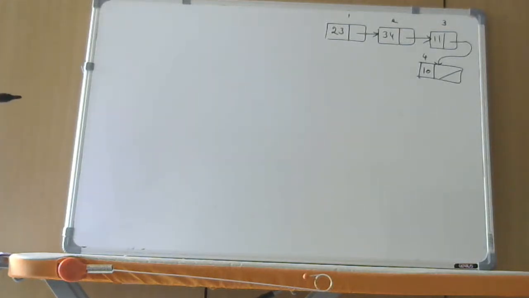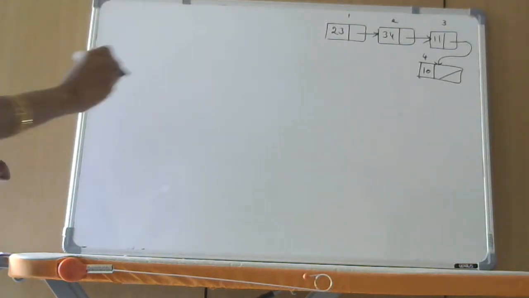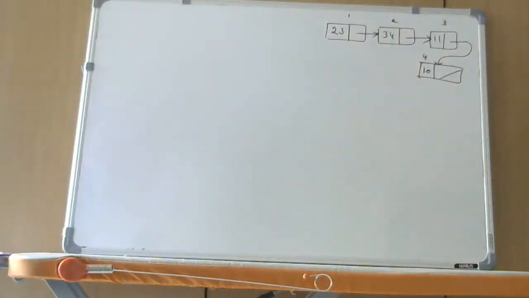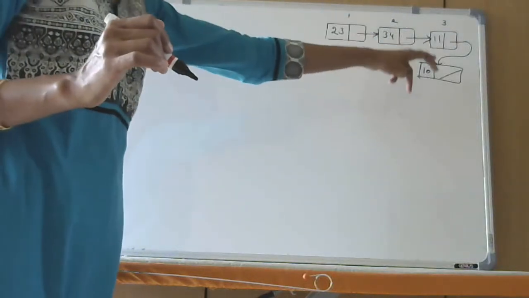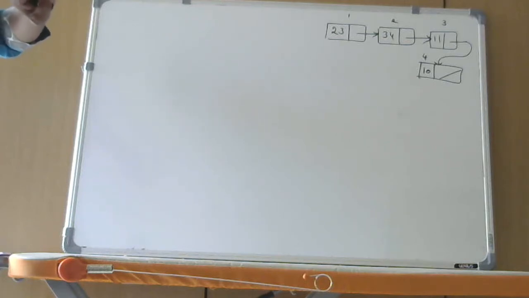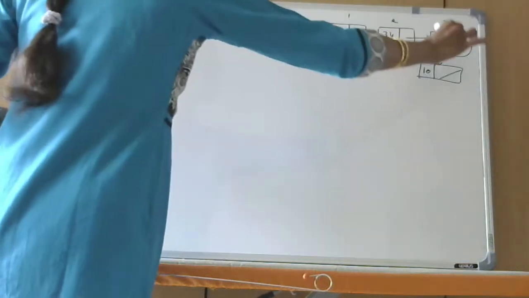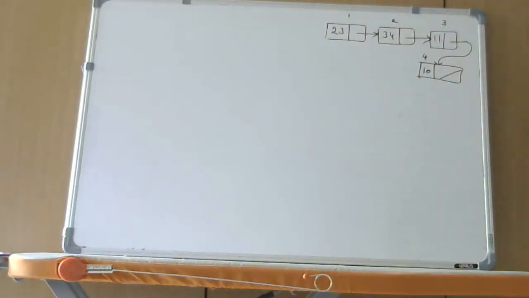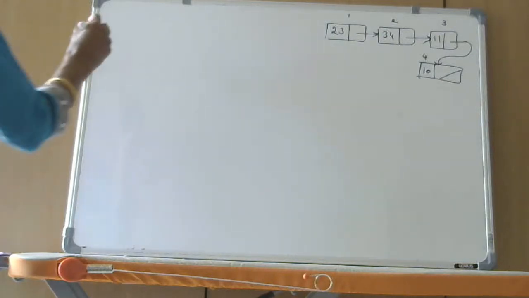For that, I should first identify how many nodes I have. So if I have 4 nodes, then the position also should be 1 or 2 or 3 or 4, it is right. If I have only 4 nodes but the position is 5, then I should be able to check that 5 is out of range, correct? So that is the reason I need to know first how many nodes are there in the linked list. First let us do that part.